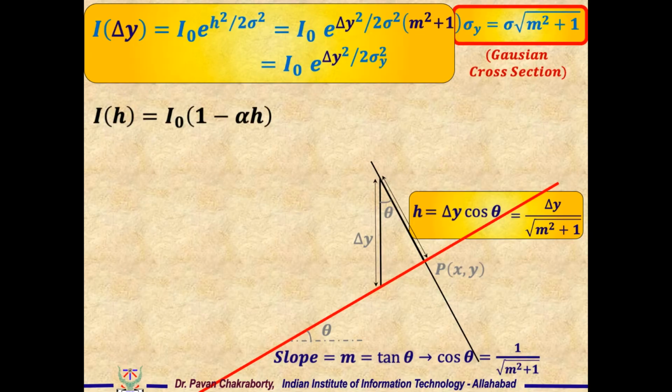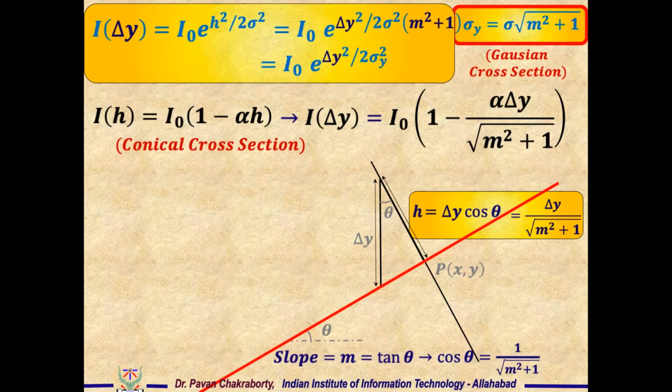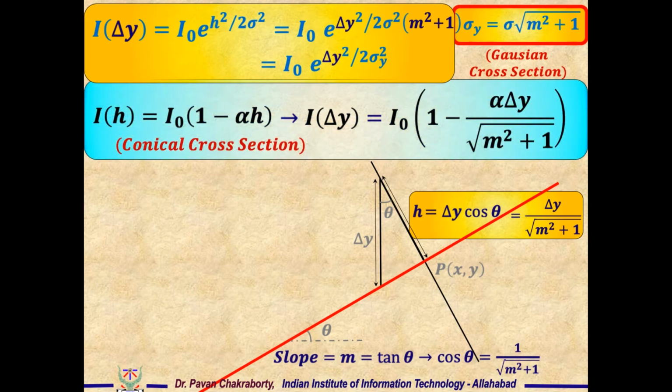So similarly, instead of using a Gaussian cross section, I could use a conical cross section as shown here in this equation. But for a conical cross section, I will have to make sure that the intensity doesn't become negative, and to assure this, we will have to put a limit on delta y as below delta y max, which is equal to the square root of m squared plus 1 divided by alpha.